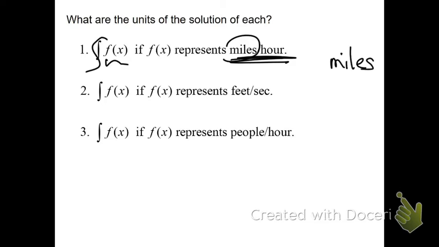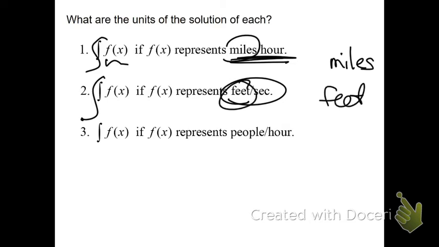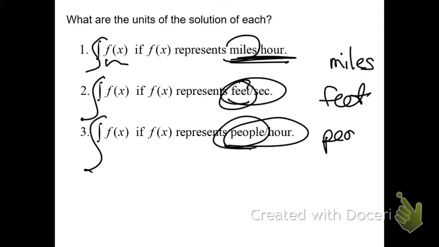If they give you feet per second and you integrate it, then what you're finding is total feet. If they give you people per hour and you integrate it, then you're finding total people. So they give you a rate and they ask for the total of something. That's when you know to do an integral.